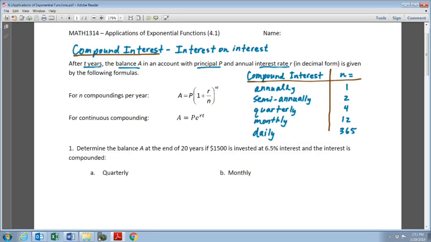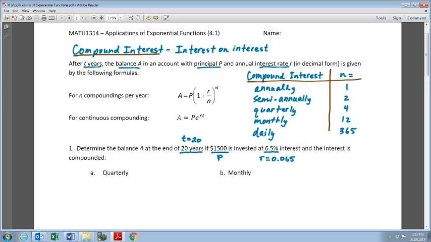On number 1, it says determine the balance A. So notice we're looking for A, excuse me, at the end of 20 years. So in this problem, t is 20. If $1,500 is invested, that's our P, at 6.5% interest, so that's going to be written as a decimal.